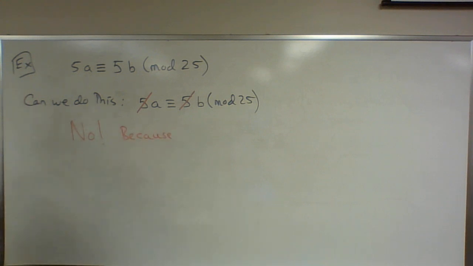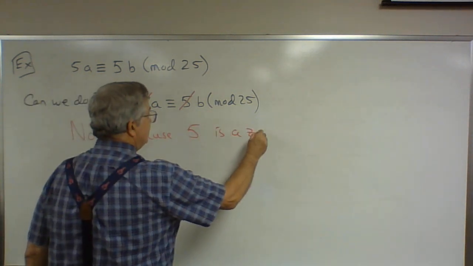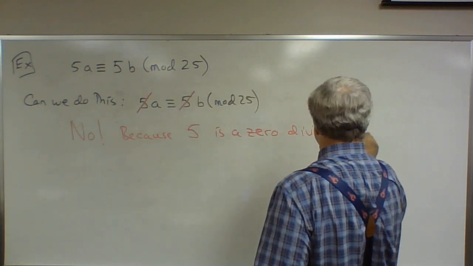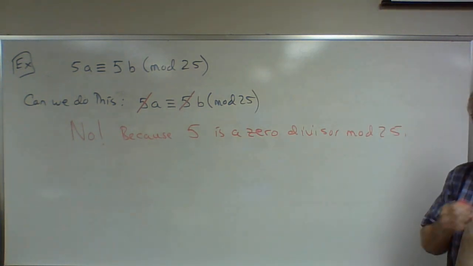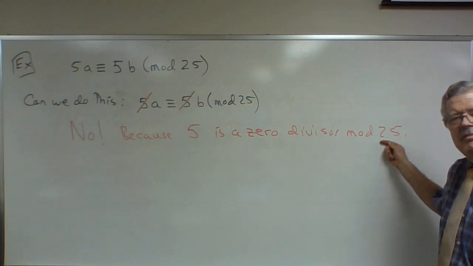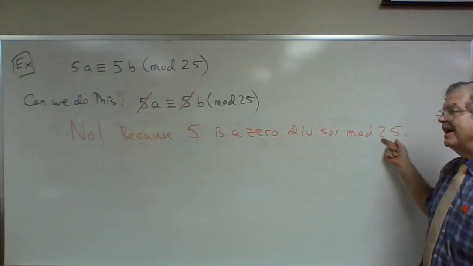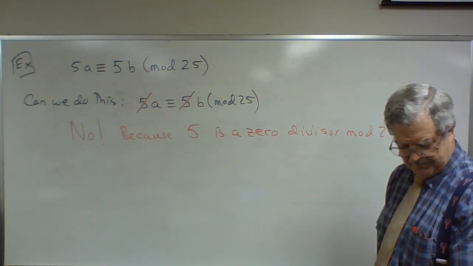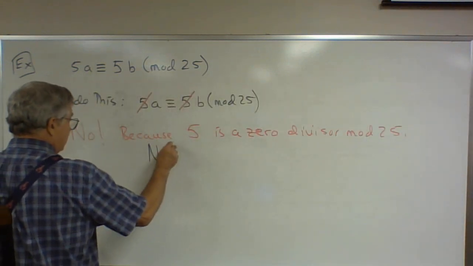We can't do it because 5 is a 0 divisor mod 25. 5 times 5 is 25, which is congruent to 0 mod 25. 5 is a 0 divisor. I cannot do this. And just for emphasis, I'll write it down again. No.